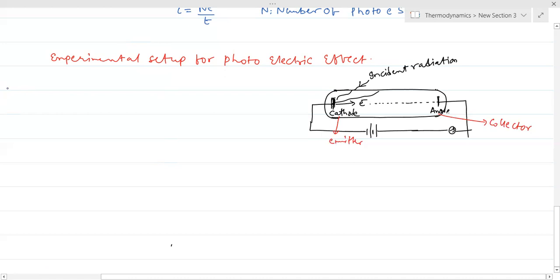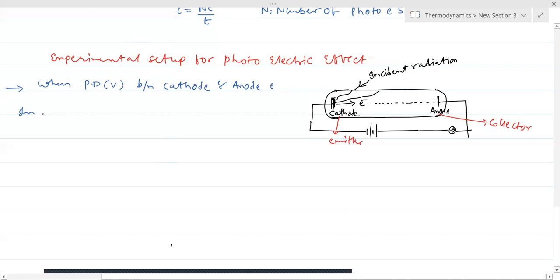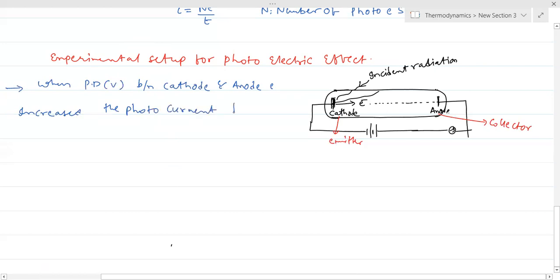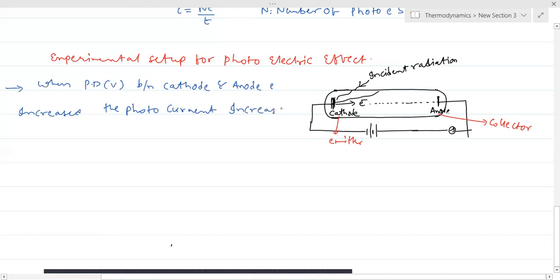When the potential difference V between the cathode and anode is increased, the photocurrent increases till saturation is reached.